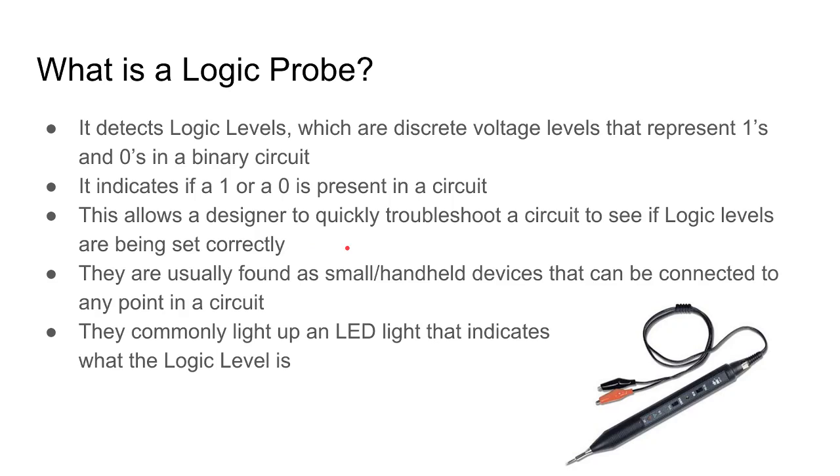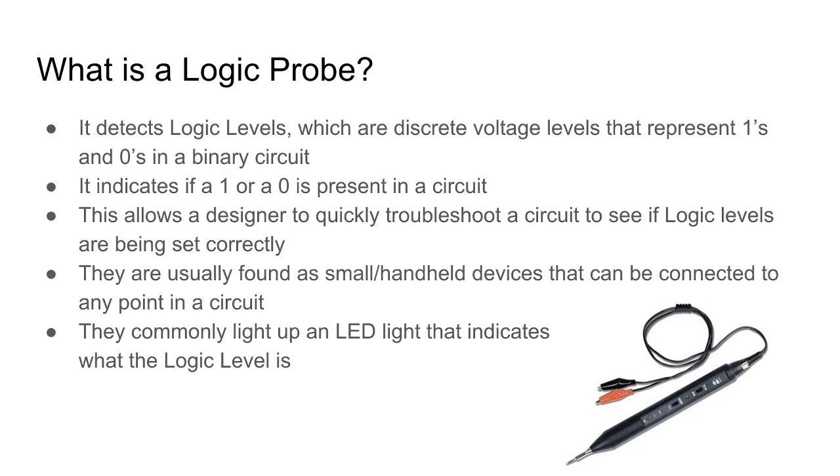You can usually find these as off-the-shelf devices, which are usually small handheld devices, such as the one depicted in the bottom right. They allow you to probe any point in a circuit using a sharp probe, which you can use to test any pin on any microchip or pad at any point in the circuit.